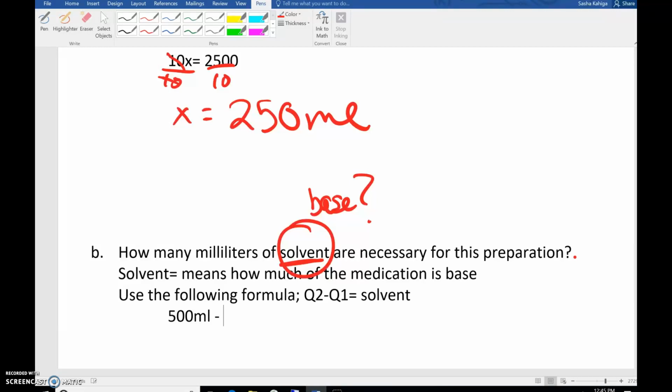And you're going to subtract that from your Q1. You guys have already determined that your Q1 was 250 milliliters. So that means that 250 milliliters of this preparation is of solvent. All right.